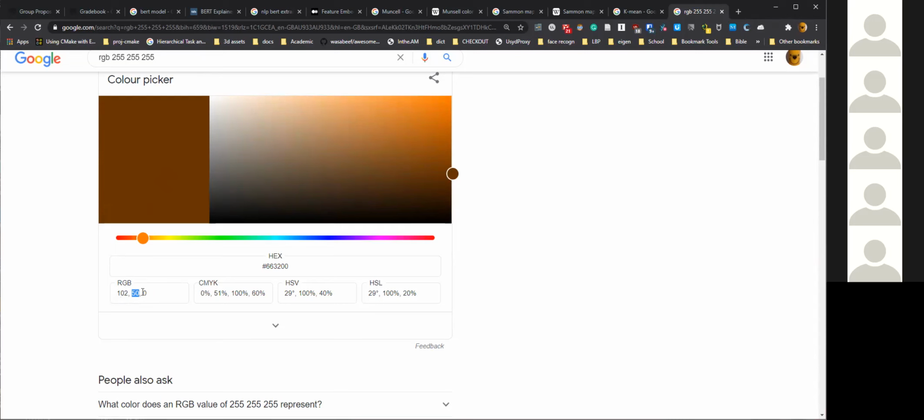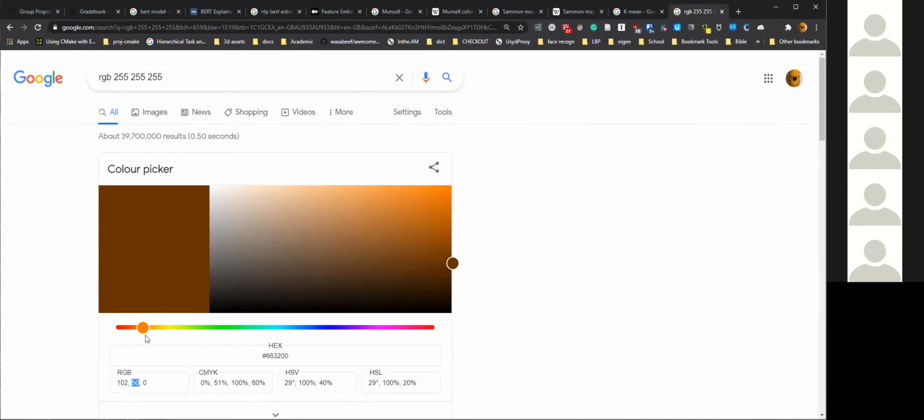But when we humans see color, we might not see them as equidistant. For example, when I'm looking at this brown color and this red color, they look more similar to me compared to this green color, right?